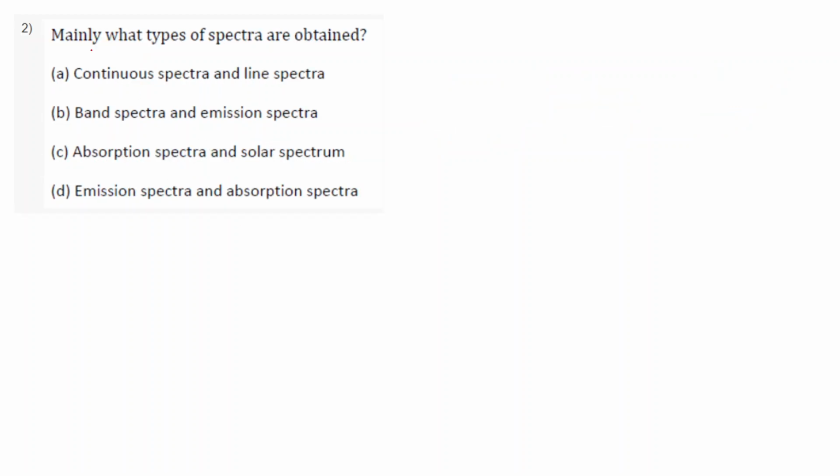The second question is: what type of spectra are obtained. Maybe this aspect has not been discussed in the lectures. I think it could be covered in the coming week, but right now for your basic understanding, I want to explain that there are actually two types of spectra that we obtain.